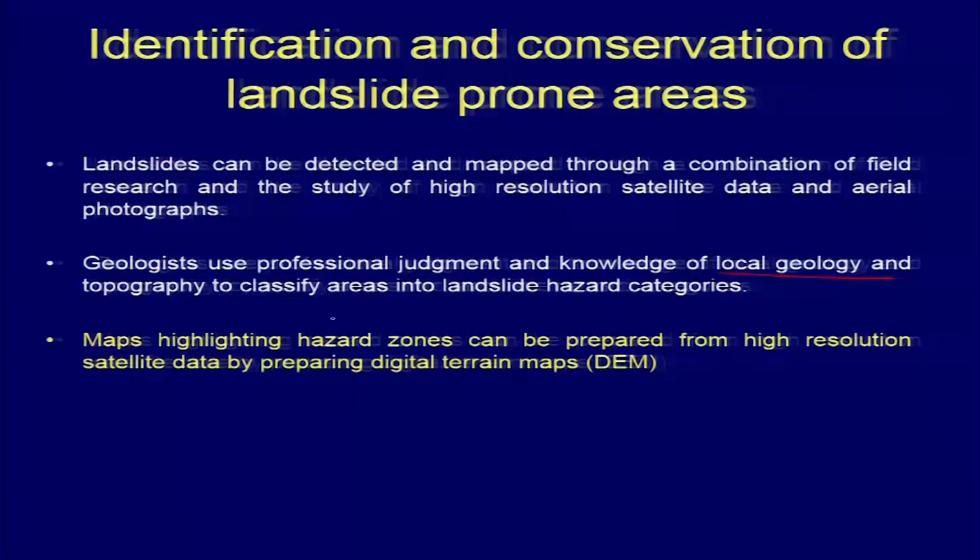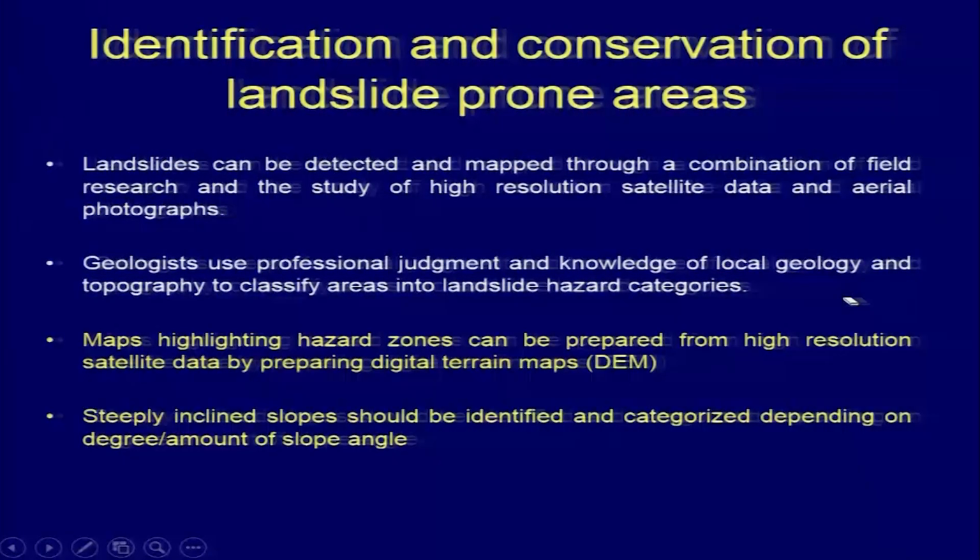Maps highlighting hazard zones can be prepared from high resolution satellite data by having digital terrain maps, or digital elevation maps, DEMs. So you can easily work out the steepness or the inclined slopes which you can identify, and depending on the degree of slope you can categorize the areas which will slip in future.